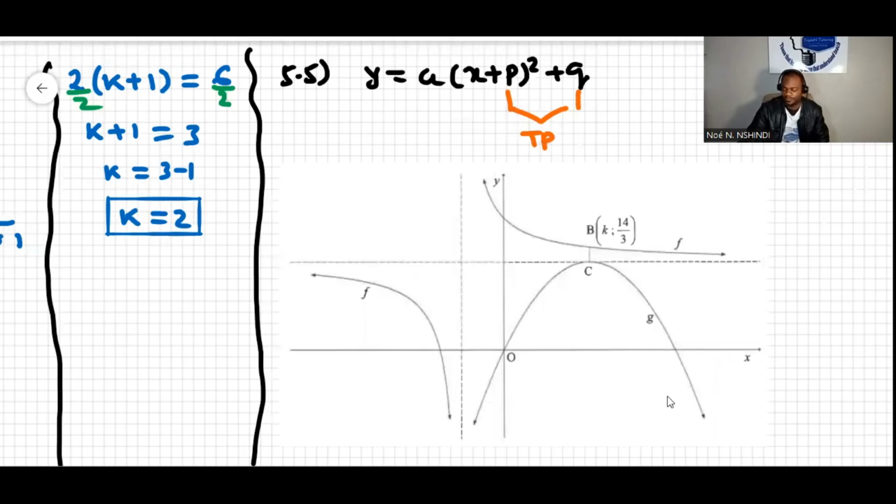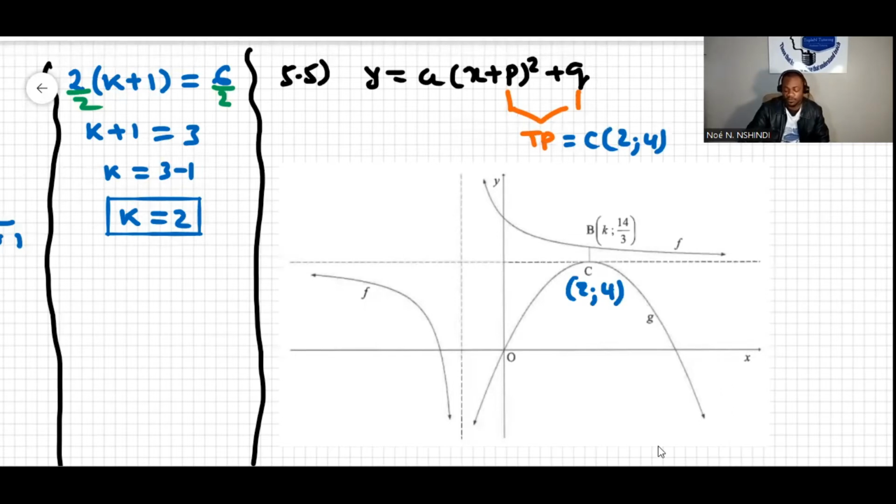Now we did find that c was the coordinate of c was 2 and 4. Okay, so c is the turning point, actually 2 and 4. Now p is 2, and then q is 4.